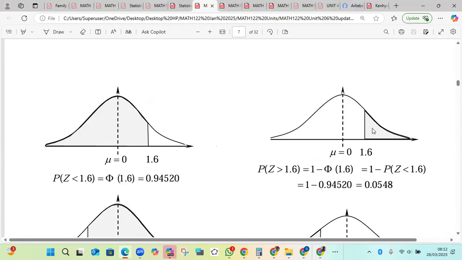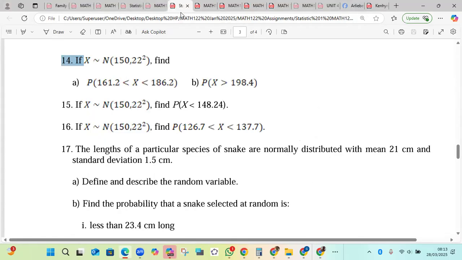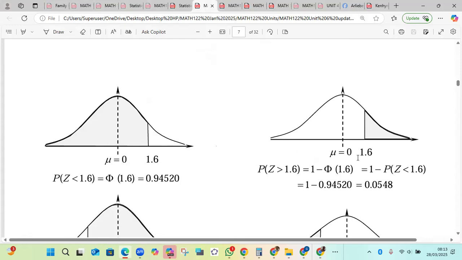Anytime you want to find a tail, you find the big chunk and subtract it from 1. So that's what we are going to do for number 14, part B: find phi of the positive z, which gives a big chunk, and subtract it from 1. That should give us our answer.